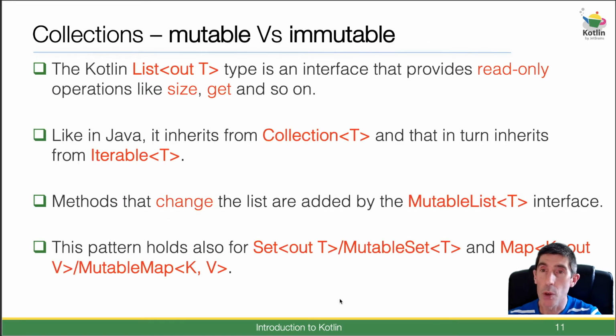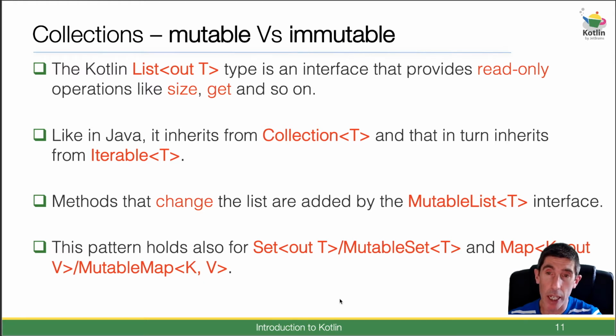Okay, so just to talk a little bit about mutable versus immutable. The Kotlin List<out T> type is an interface that provides read-only operations. So you get a size function, a get function, a few others, but that's about it. Like in Java, it inherits from the Collection class, and that in turn inherits from the Iterable class. If you have done any work with collections in Java, you would have had iterators that iterate, pardon the pun, over each element in the collection.